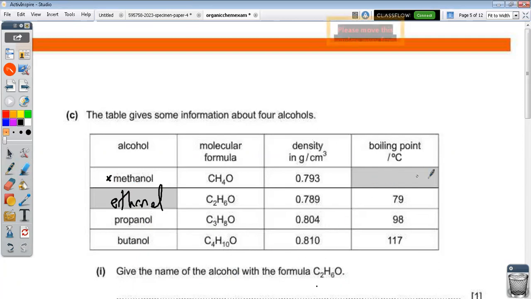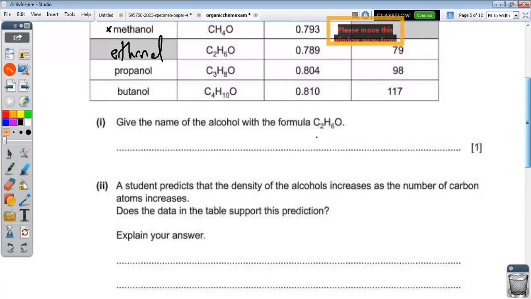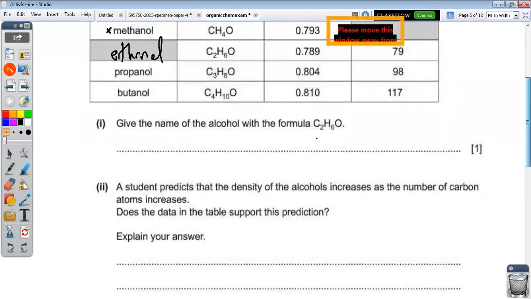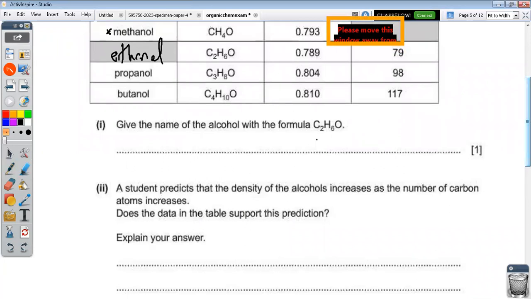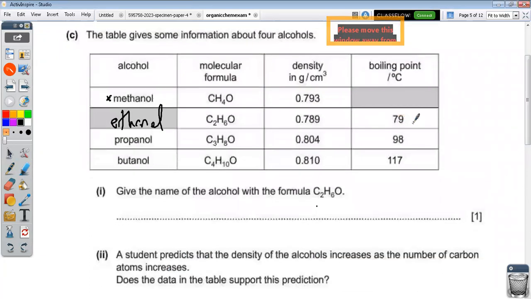Then they want you to check the trends. A student predicts that the density of the alcohol increases as the carbon atoms increase. Does the data in the table support this prediction? Explain your answer. What are they saying? The density.